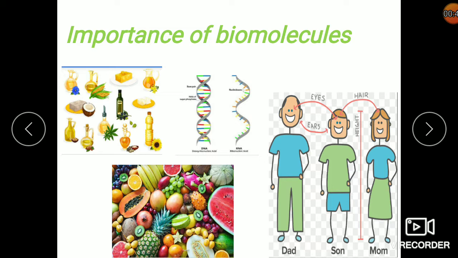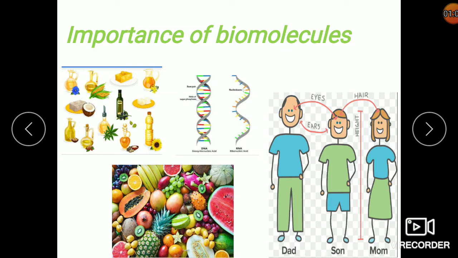What is the importance of biomolecules, or why study them? The reason is our growth from childhood. When we or any animal start growing up, the structural unit that is deposited in the body comes from the biomolecules.